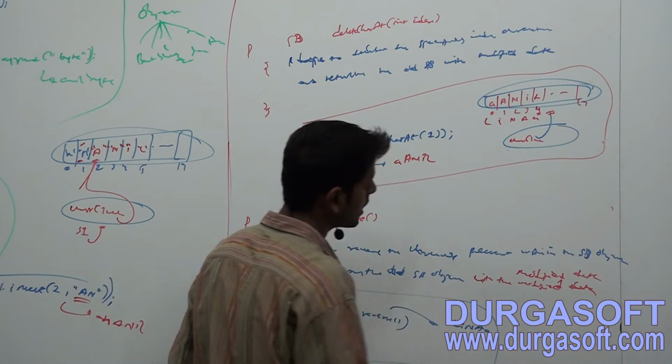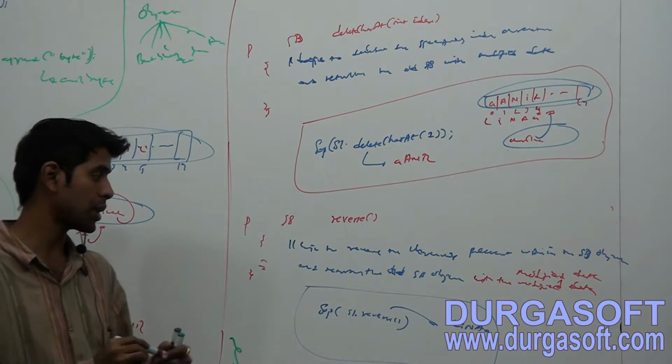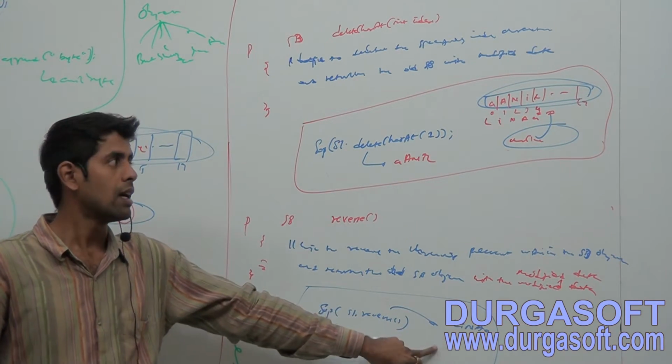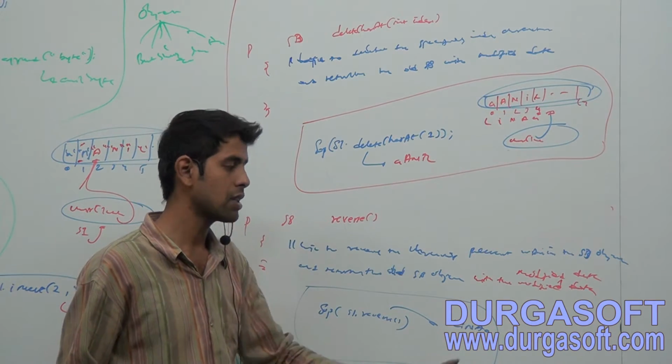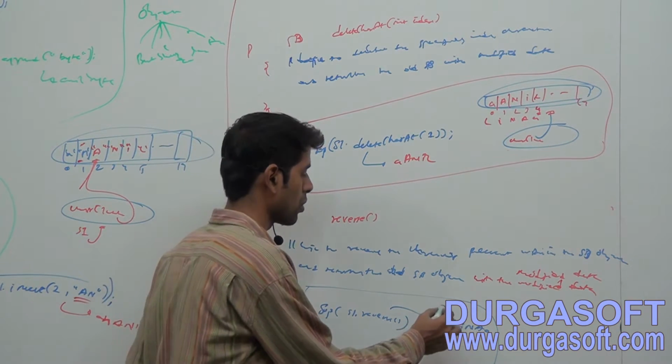So if I call the reverse method, what will be the answer? LINA, capital A, small a, capital A, small a will be the output here.